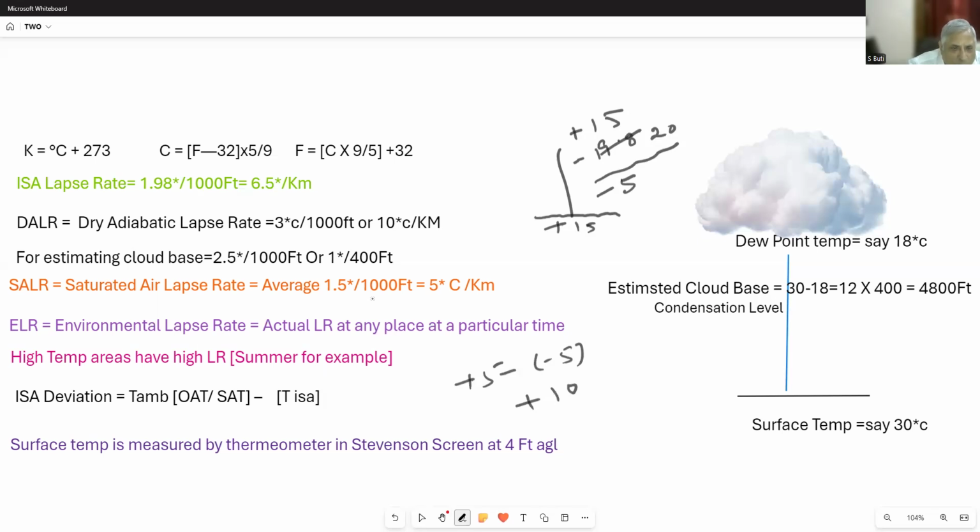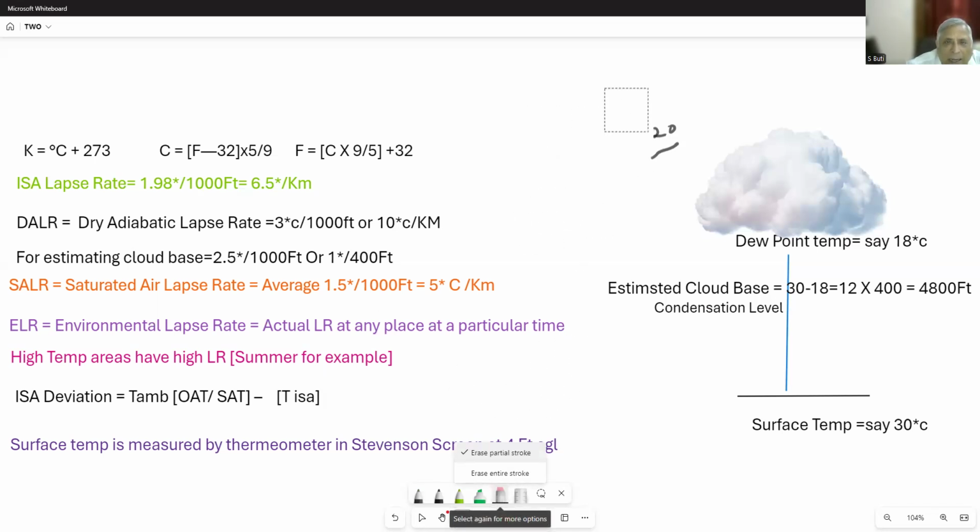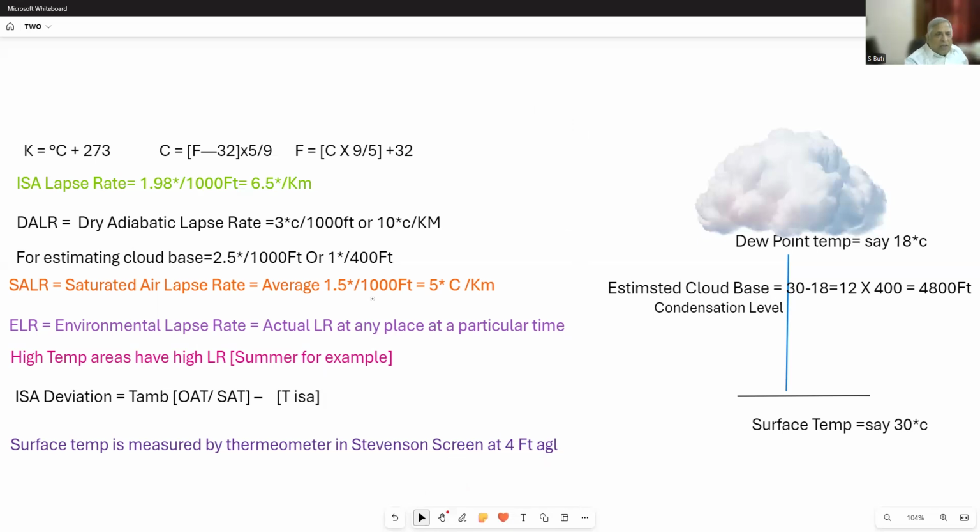I hope it is followed. And please remember, the actual temperature at any given altitude will depend upon the environmental conditions.